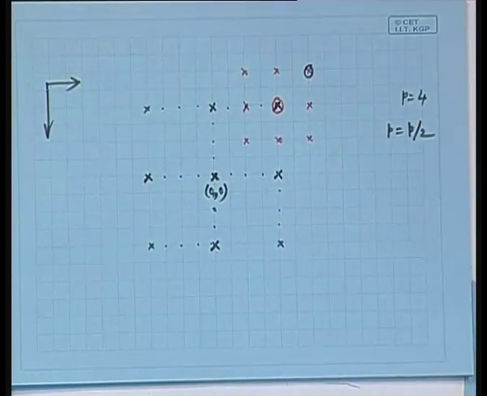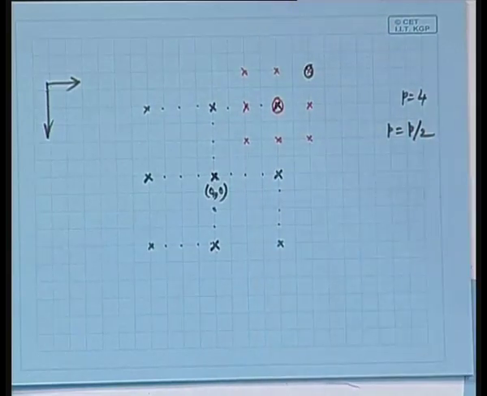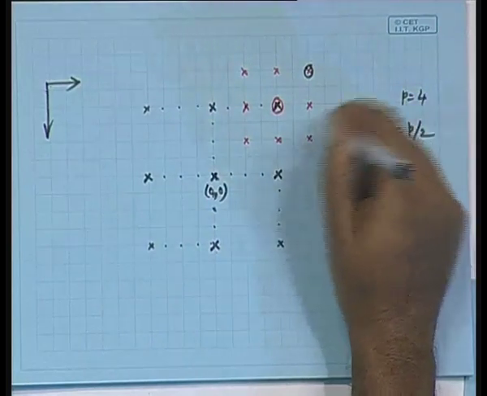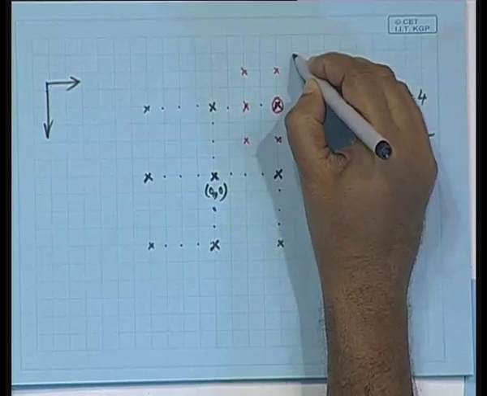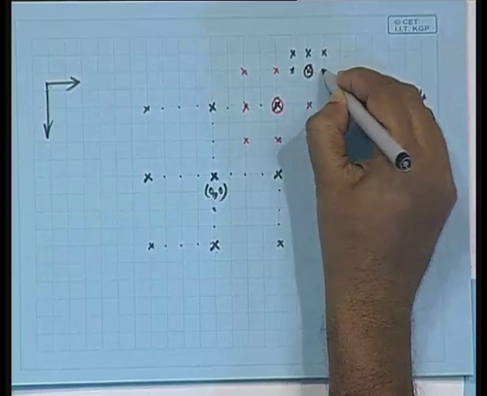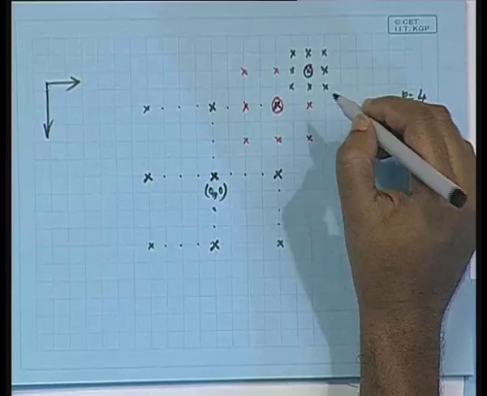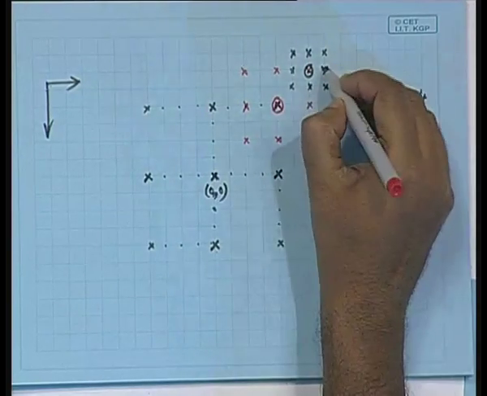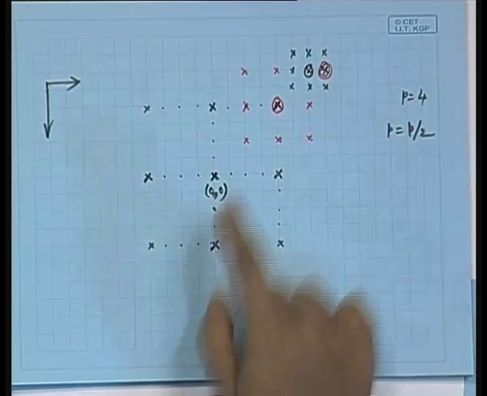So now we once again make p divided by 2. p is already 2, so 2 divided by 2 makes it 1. With this as the minimum position, we will be searching 1, 2, 3, 4, 5, 6, 7, 8, 9 at these 9 positions, and out of these 9 positions, whichever gives us the minimum value, if this happens to be the minimum value, this will be our final position.